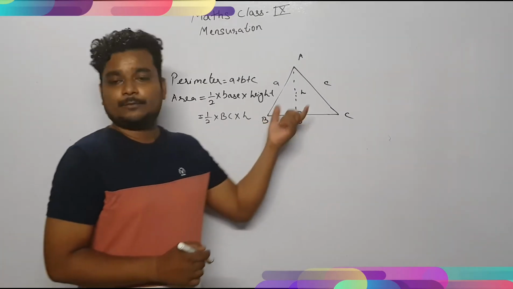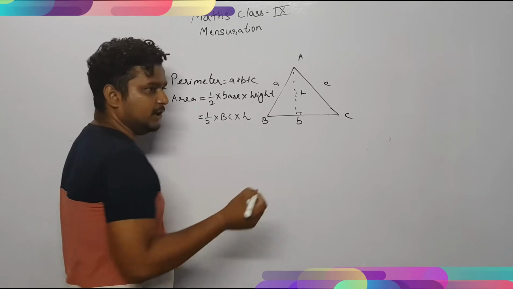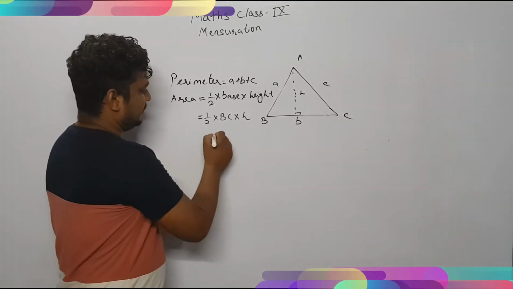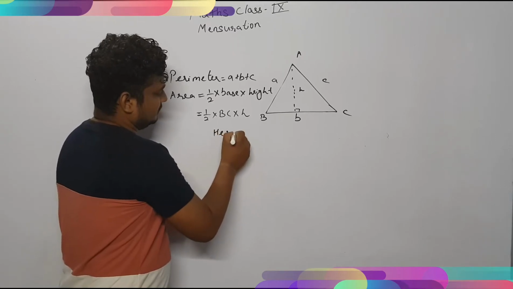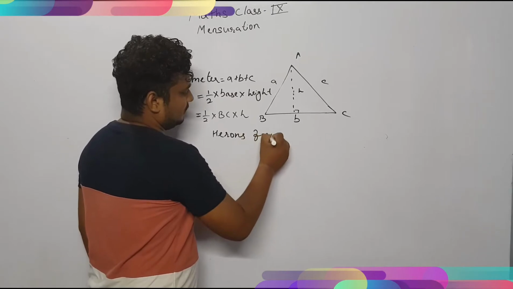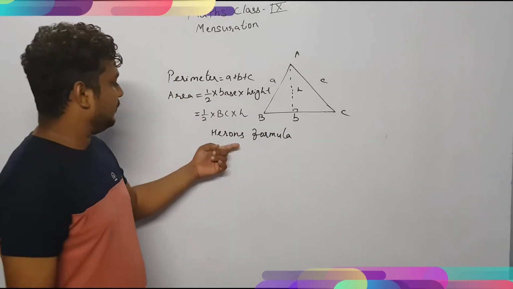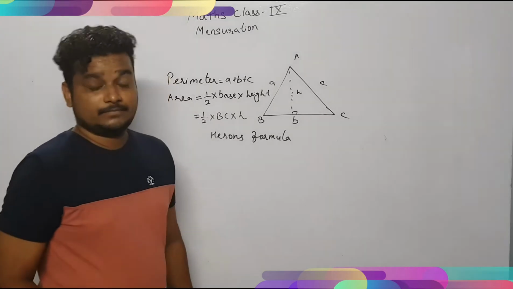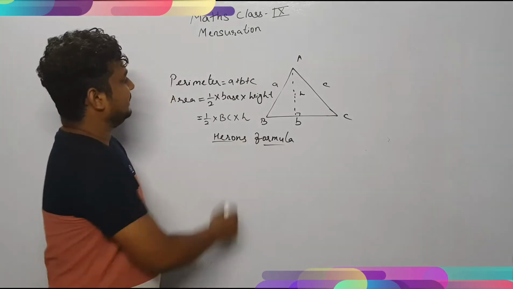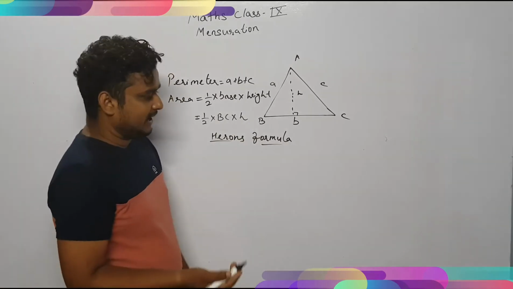Coming to another formula of a triangle, that is called Heron's formula. In this formula, we need to find the perimeter and semi-perimeter.